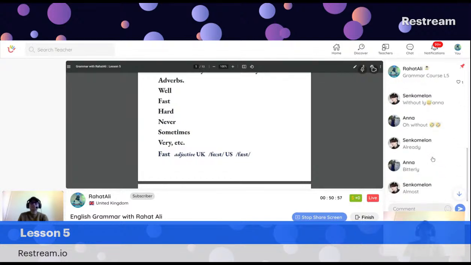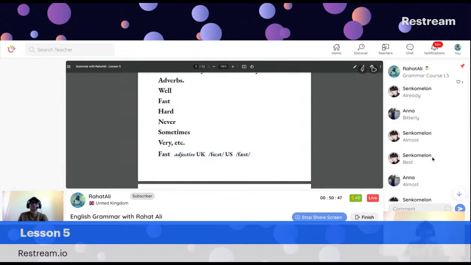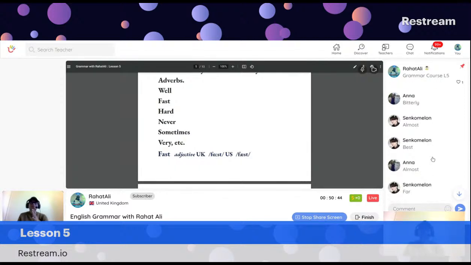Already, bitterly, almost, yes. Best is an adjective. Best is not an adverb, Sanko. Like good, better, best. Good is an adjective, better is the comparative degree, and superlative degree is best. Far, yes. Far is another adverb.